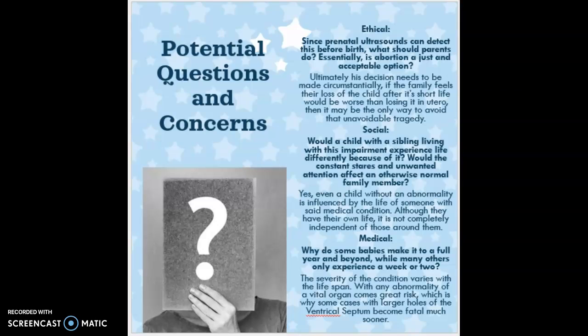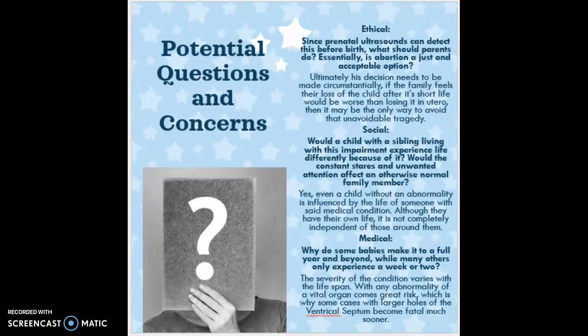Medically, why do some babies make it to a full year and beyond, while many others only experience a week or two? The only answer to this is that the severity of the condition varies. And with the variety of severity comes the variety of lifespan.